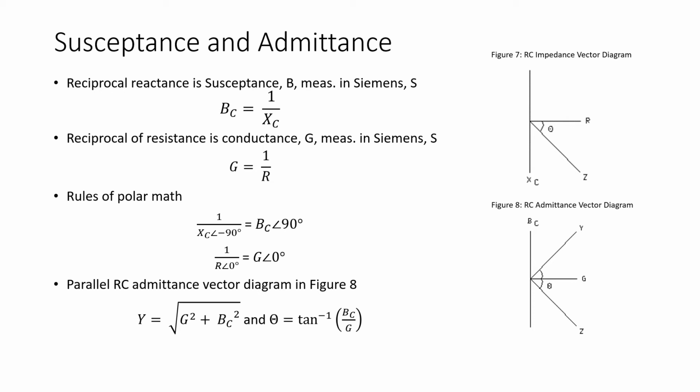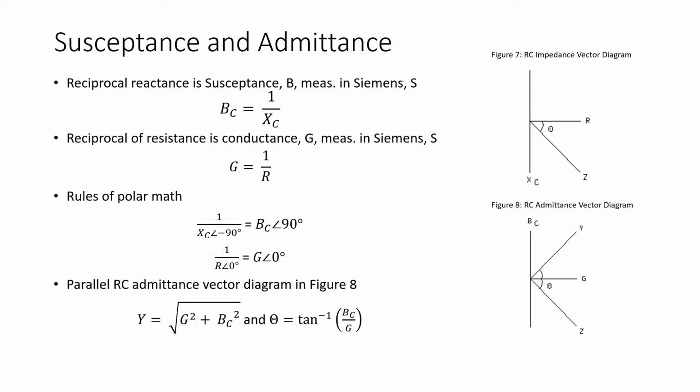So the admittance of a parallel RC circuit, admittance symbolized with the letter Y, measured in Siemens, equals the vector sum of G and B sub C. Y equals the square root of G squared plus B sub C squared.